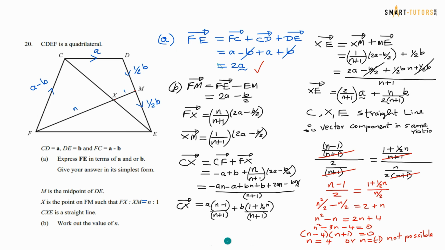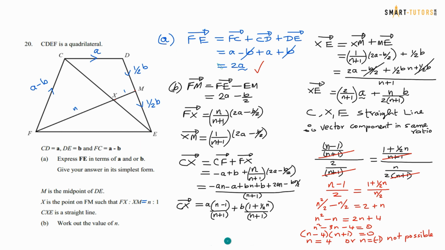So FM we can say FE plus EM. FE is 2A, minus B by 2 because ME is half B. If you're going against, it's minus B by 2. From there, you can find the FX. FX means N is to total N plus 1 times 2A minus B by 2. The algebra becomes a little bit hard, but the theory remains the same.